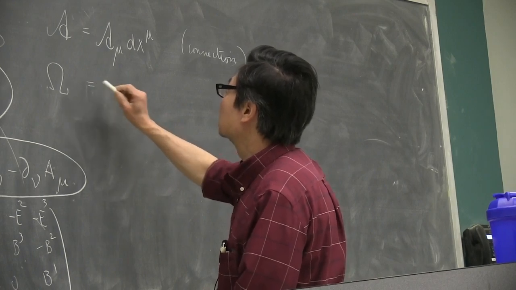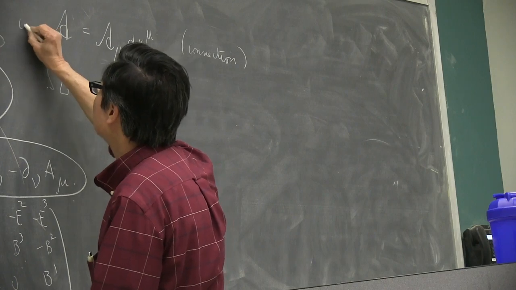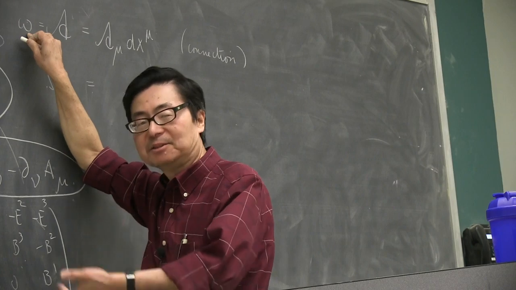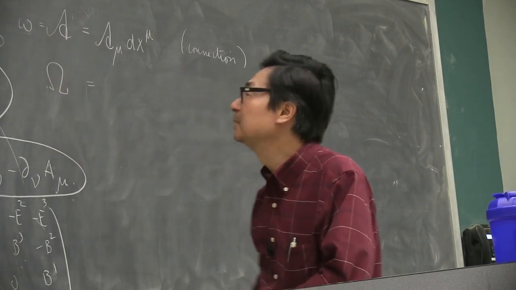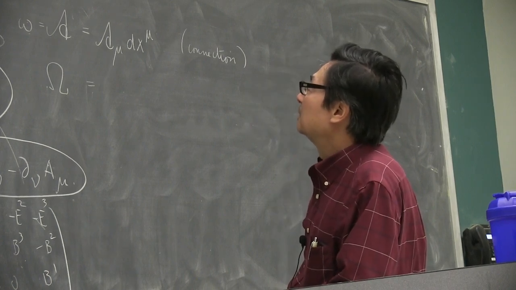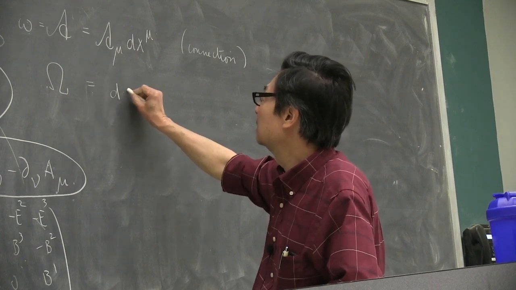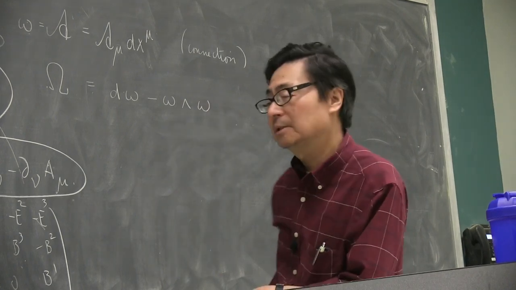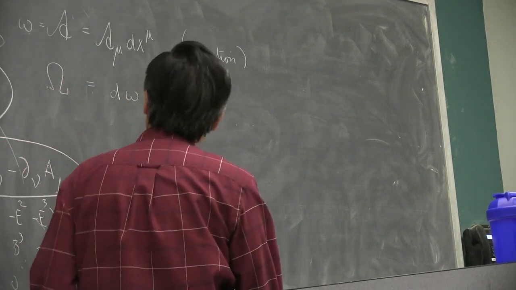I'm going to define this, let me give it another name in general, because this is the symbol that I use in my classical mechanical context as the connection matrix of 1-forms. So I can introduce a 2-form by doing something like this: d omega minus omega exterior product with omega. In general, omega is a matrix.